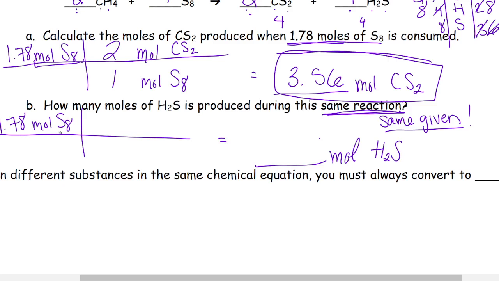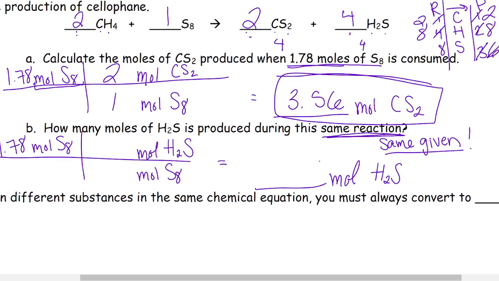So I would do the same thing, bring down my moles of S8 and moles of H2S is what it goes to. For every 1 mole of S8, how many moles of H2S do I have? And then 4 times 1.78 will give me 7.12. Is that what everybody got? Perfect.